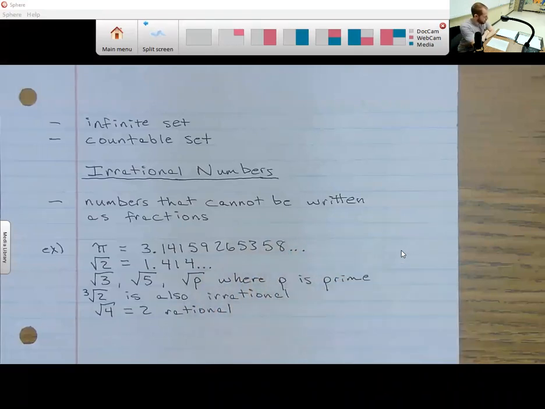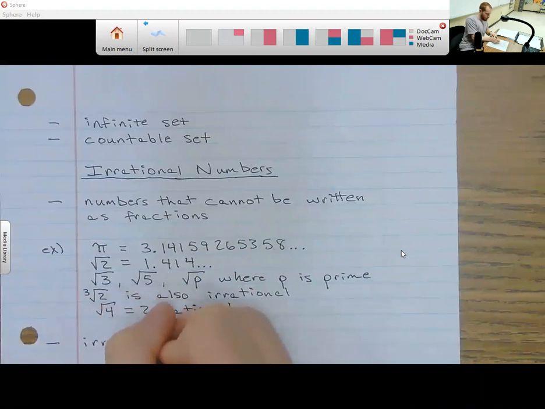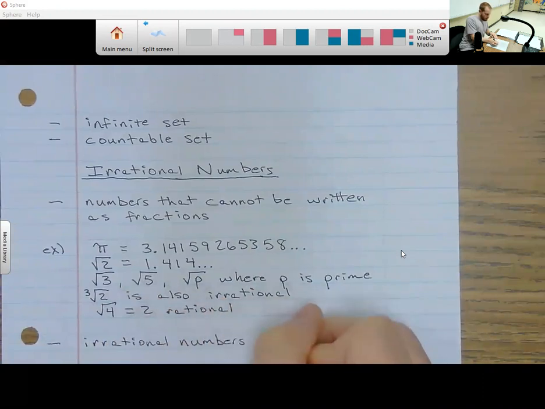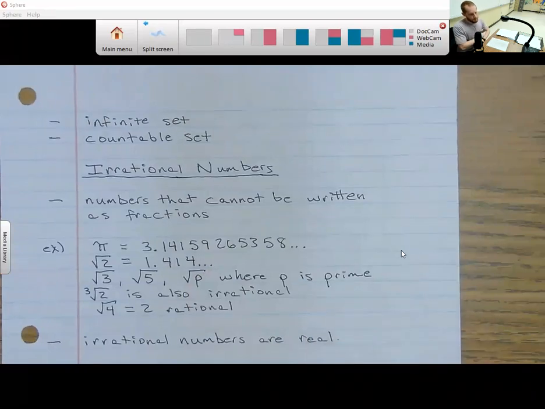And it's important to realize that the irrational numbers are real numbers. Irrational numbers are real. Okay, that's a fact. So think about it this way. Let's say I had the set of all real numbers, right?